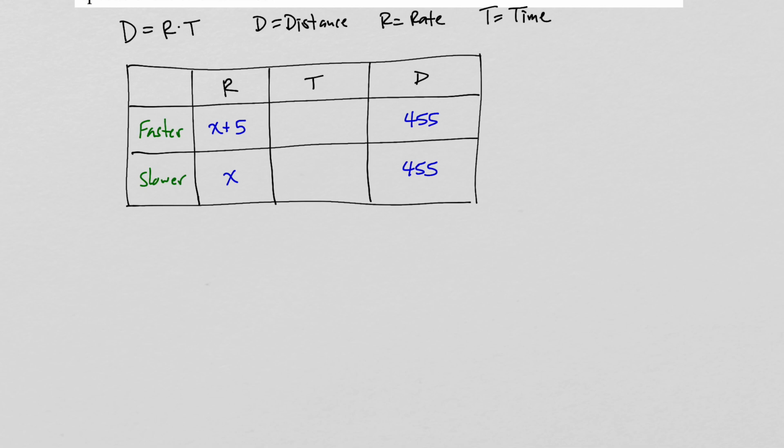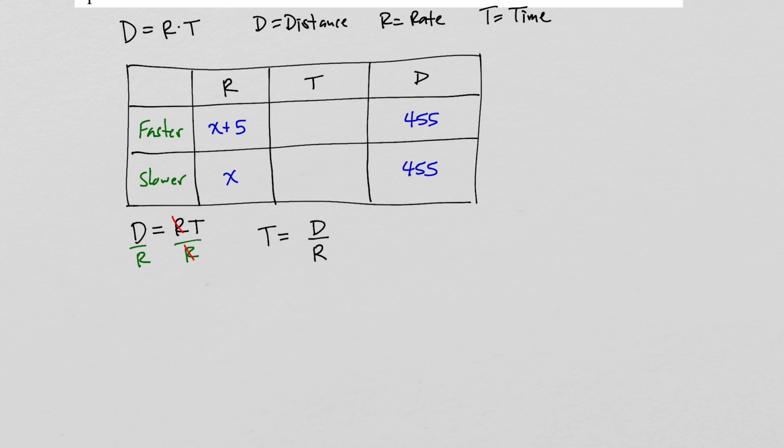This is the tricky part of the problem. So if distance is equal to rate times time, what would time be equal to? Well, we can divide both sides by the rate, and the rate will cancel out, and we end up getting time is equal to distance divided by rate.